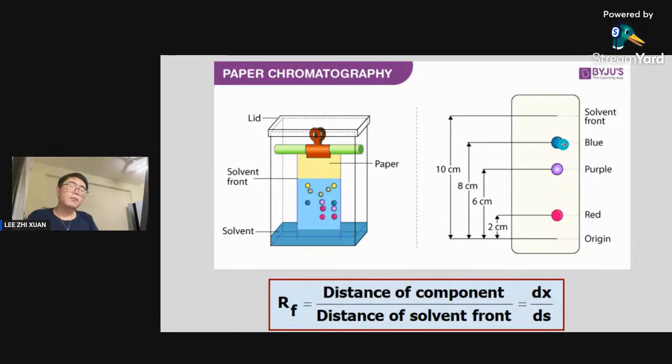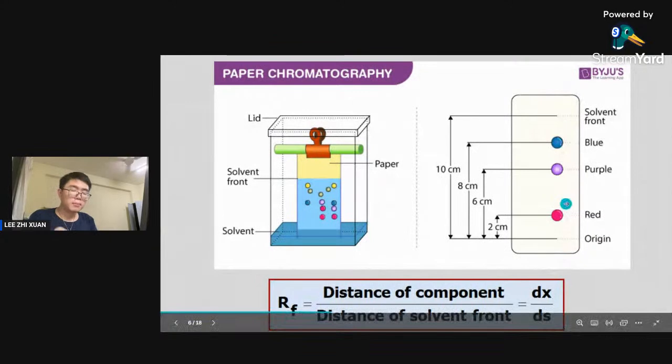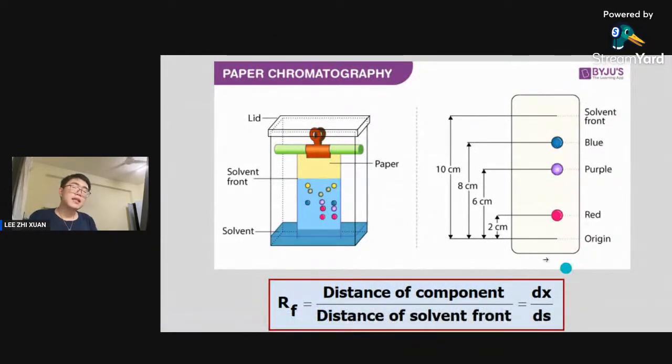And also from here we can determine the size of the chlorophyll pigment. If you compare the size, blue is the smaller size because it can flow very fast. But for the red pigment, dia flow sangat kecil kerana dia sangat besar.